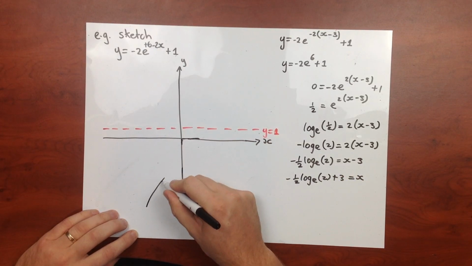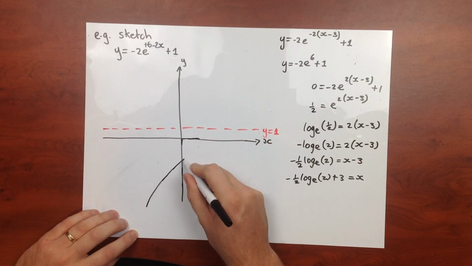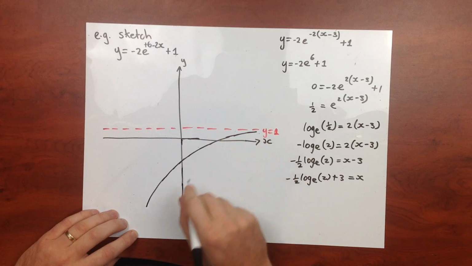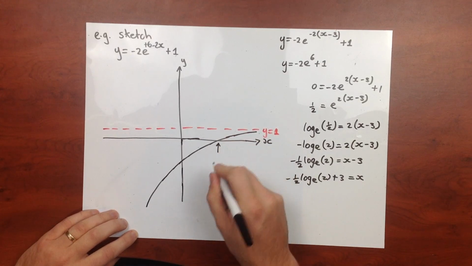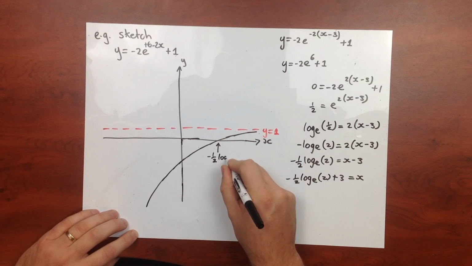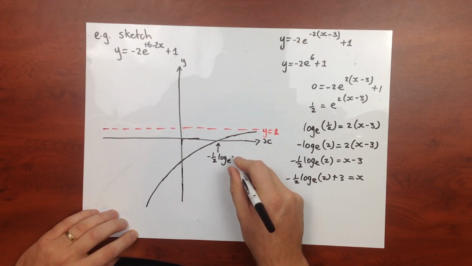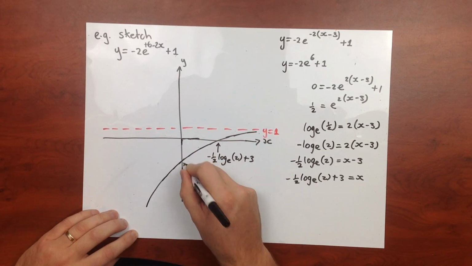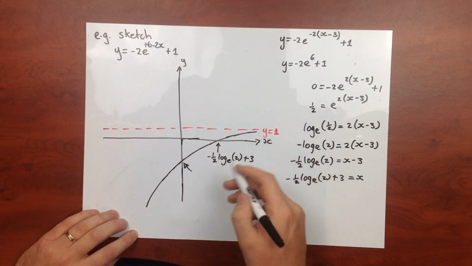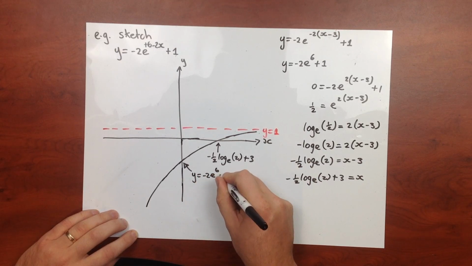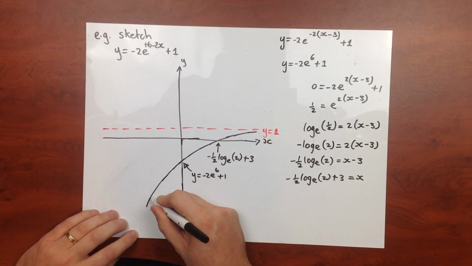Okay, so I'll just draw it something like this. So we know this value here is our negative a half log to the base e of 2 plus 3, and this one here is our y equals negative 2 e to the 6 plus 1.